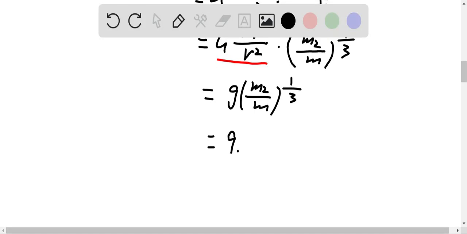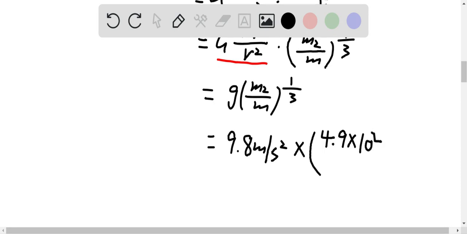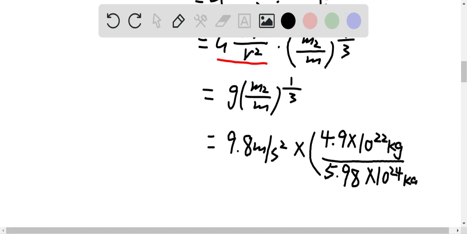So we'll get 9.8 meters per second squared times (4.9 times 10 to the power of 22 kilograms over 5.98 times 10 to the power of 24 kilograms) to the power of 1/3.